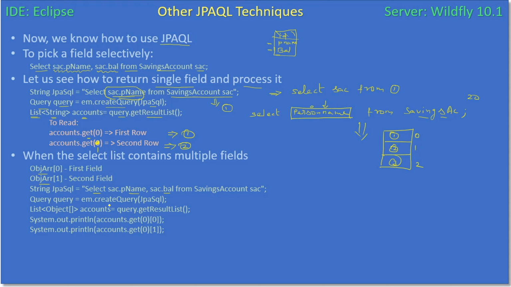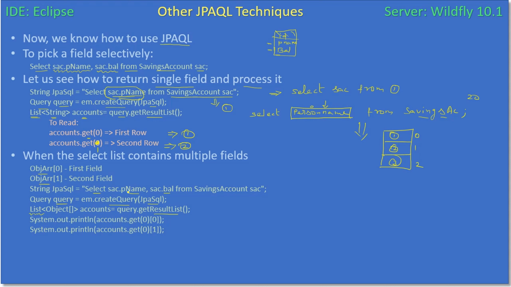Alright, so we create a query, JPA SQL, we have a query, get result list, and this is where it is important: a list of what? Because the list can be any number, right? It depends on your entity.